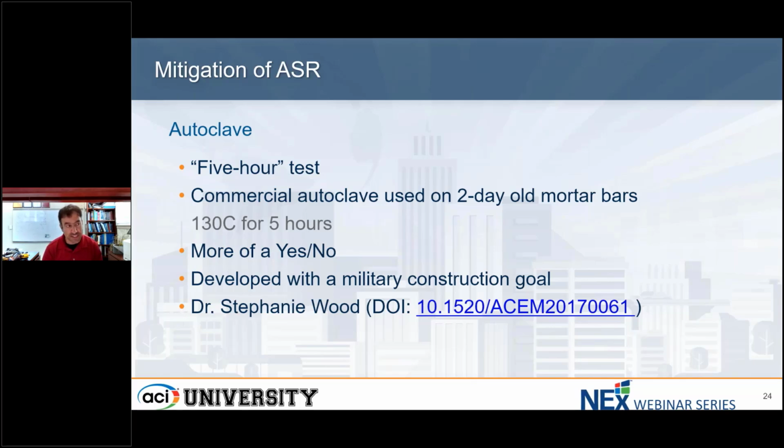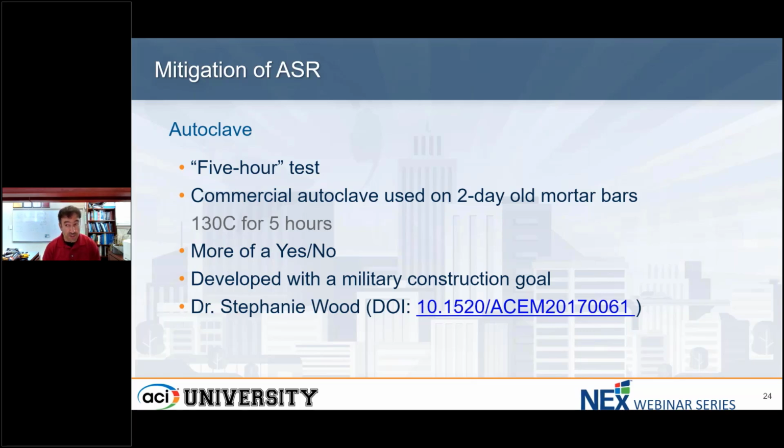It's kind of misleading because you have to let the mortar bar cure for 2 days, so you could call it a 3-day test. But essentially, you're going to make mortar bars very similar to how you make them in the 2-week ASR mortar bar test. But after day 2, you're going to take that mortar bar and stick it in an autoclave.